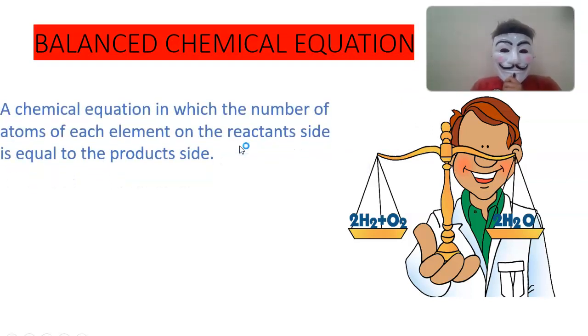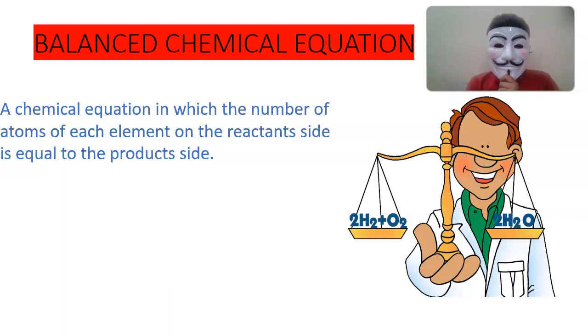The definition of a balanced chemical equation is a chemical equation in which the number of atoms of each element on the reactant side is equal to the product side. So here we can see that. It is that easy.